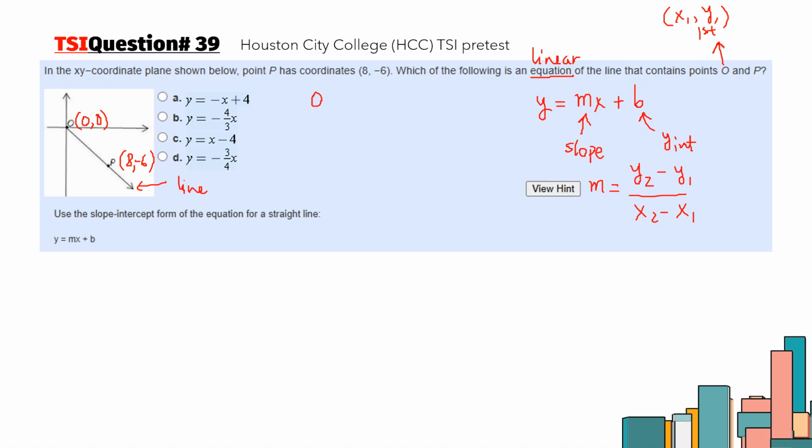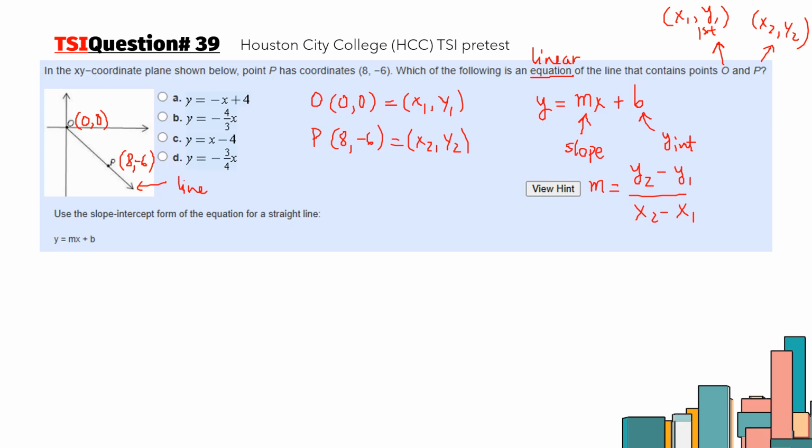And my P right here is my x2, y2, my second point. So P, 8, -6, equals x2, y2.